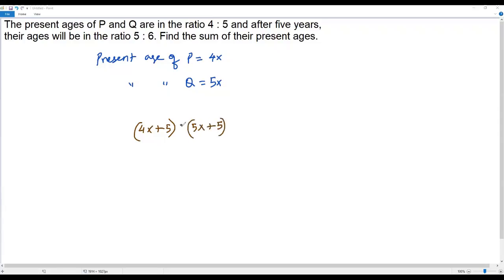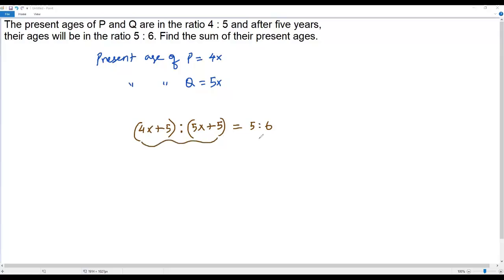Okay, now let's do the ratio between the ages of P and Q after 5 years. This is the ratio between the ages of P and Q after 5 years, but this ratio is already given in the question, that is 5 to 6. So it can be equated to 5 to 6. So we actually got this ratio using the information given.